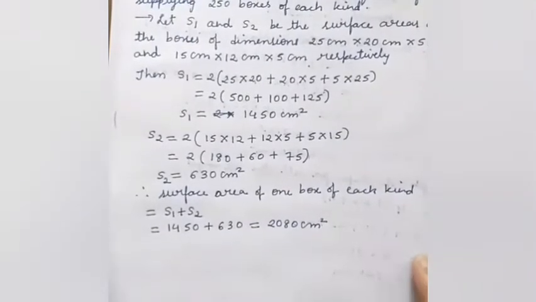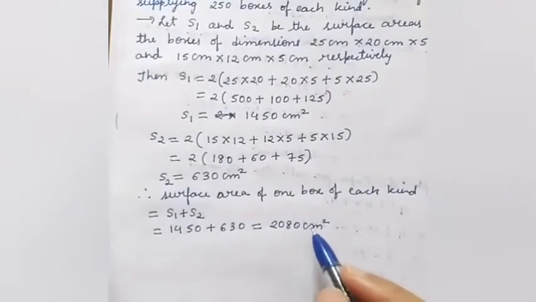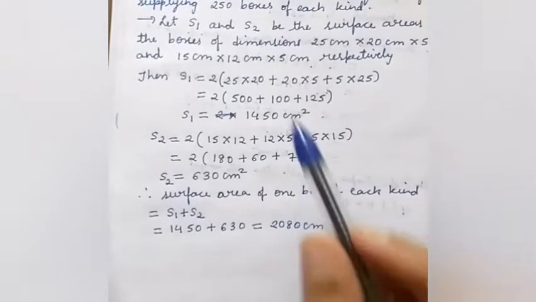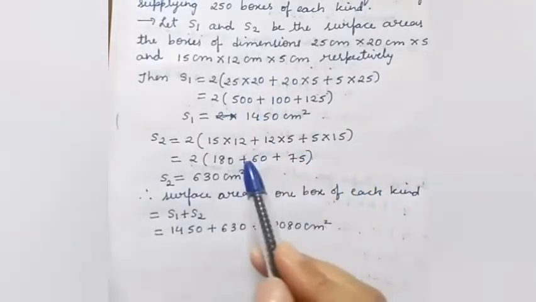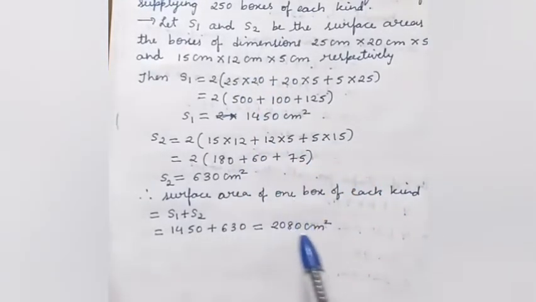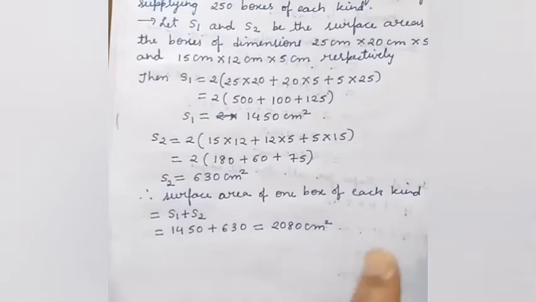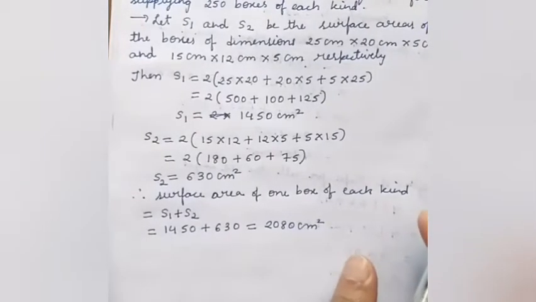This 2080 centimeter square is the surface area of one box of this dimension and one box of this dimension. Together we are getting total 2080 centimeter square. Also they have told 5% overlap for both the dimensions.